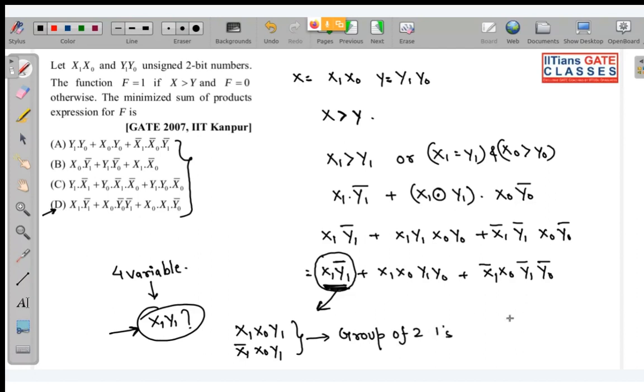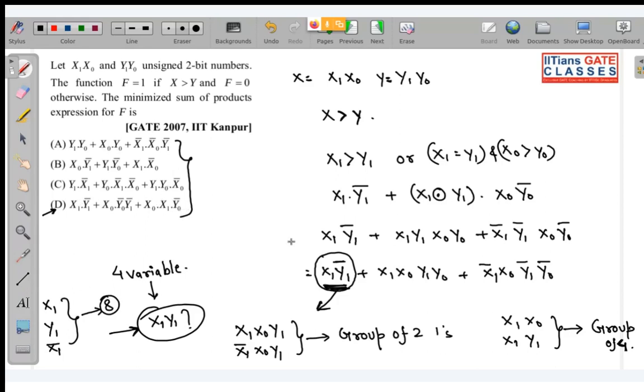We will have x1 x0 or x1 y1 like this when we have a group of 4 ones. We will have a single variable like x1, y1, or x1 complement when we have a group of 8. So here you can see, if there was a group of 8 in the options, there would have been a single variable.